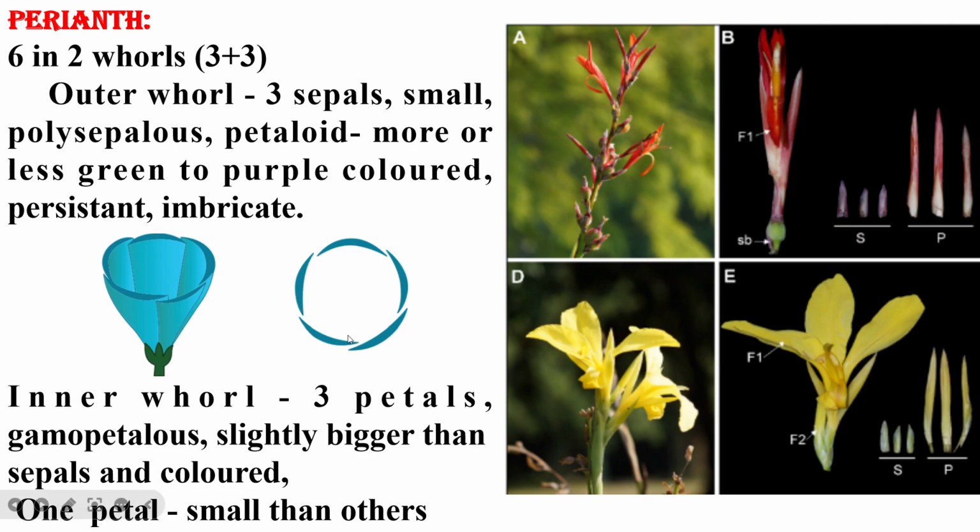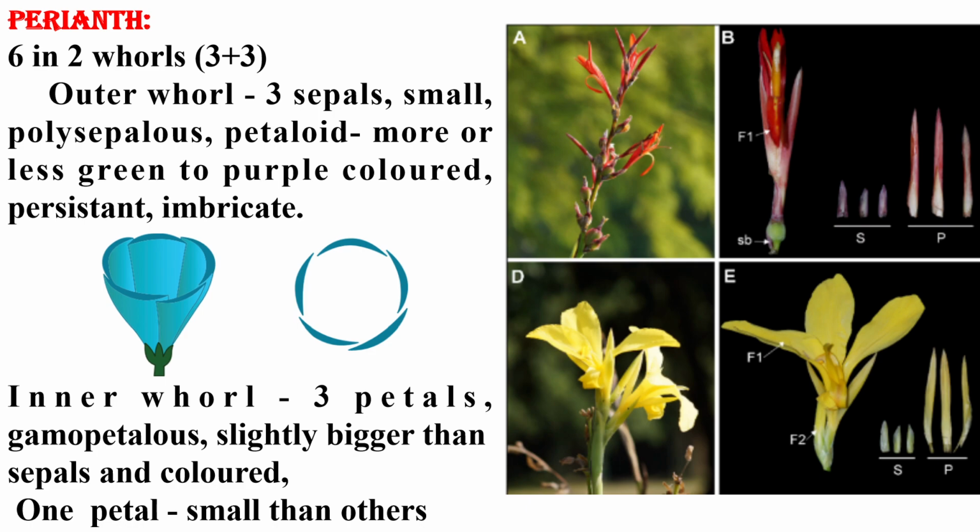That is, the two margins of one sepal or petal are towards the inner side. The two margins of one sepal or petal are towards the outer side. In the remaining sepals or petals, one margin is towards the inner side and the other margin is towards the outer side.